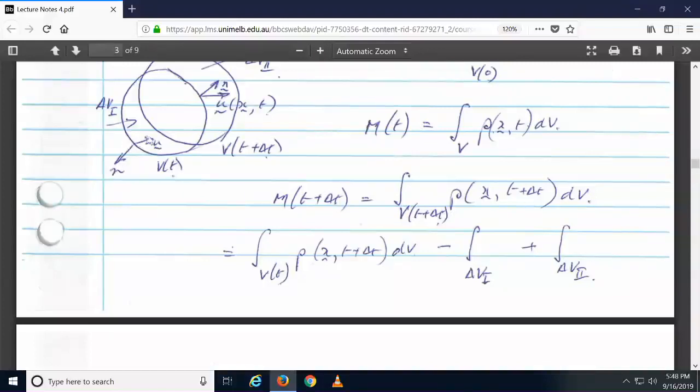So the slant height of this one will be u delta t, and the volume that I've got to subtract would be u delta t dot minus n, because minus n would be in this direction. And when you do that, you can add all of these up, and you get a flux over the original surface.